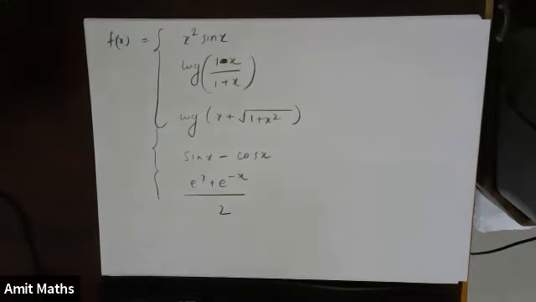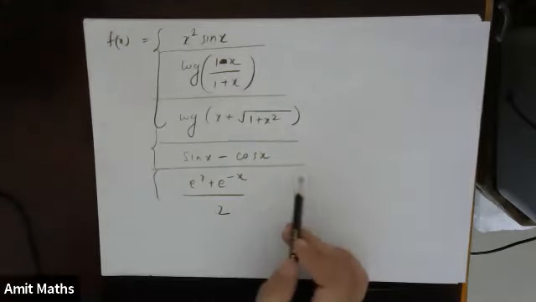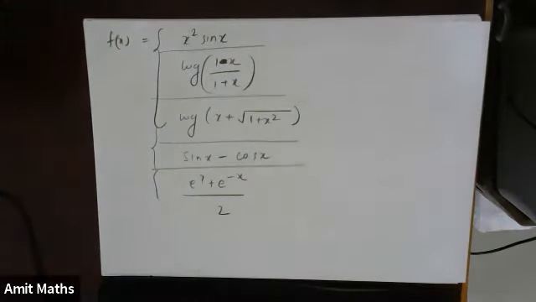You have to check whether each function is even or odd. I'll give you 2 minutes time. These are very simple questions. Just check whether these are even or odd functions.